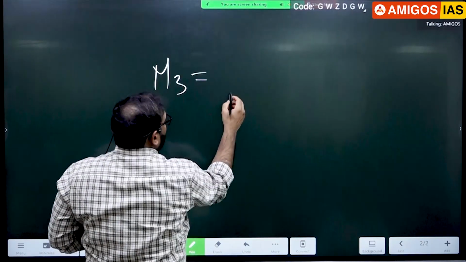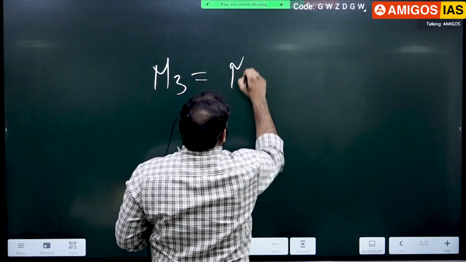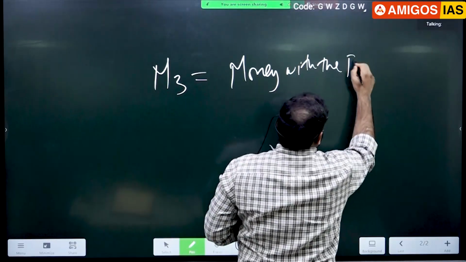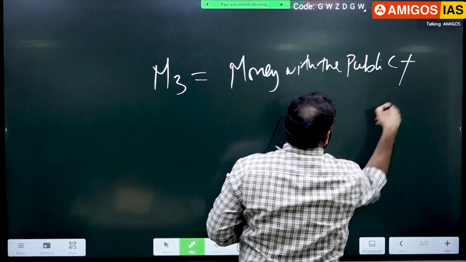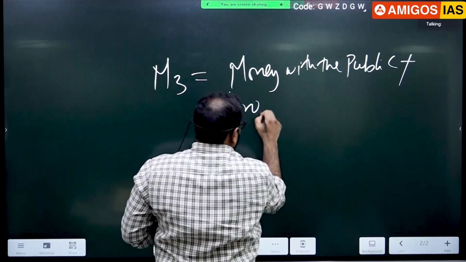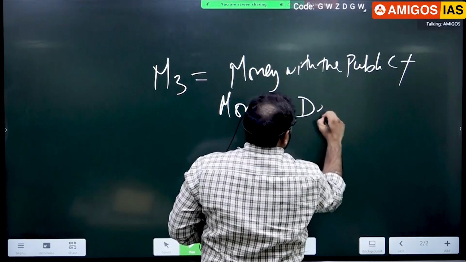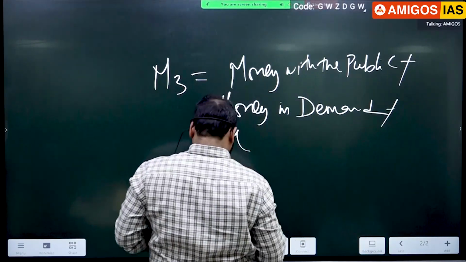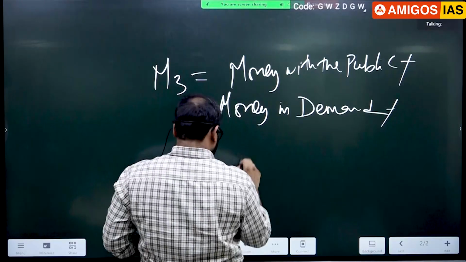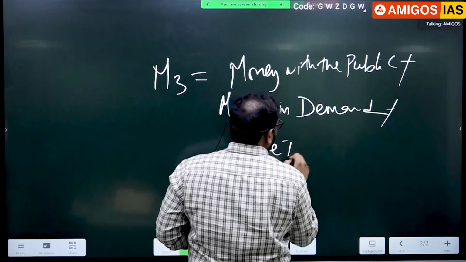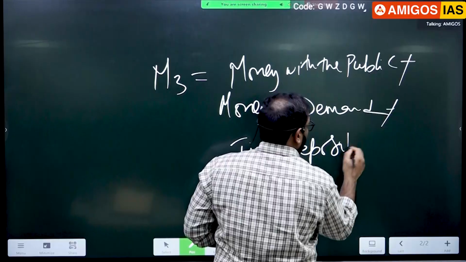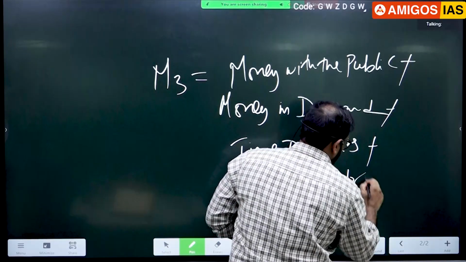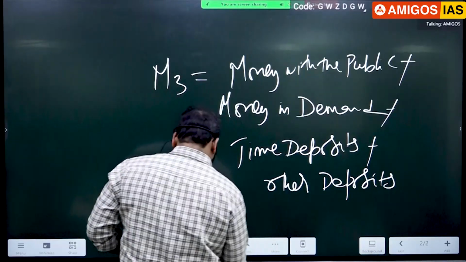Look at the board. M3 is equal to money with the public, that means in my pocket, plus money in demand account, plus my time deposits. What is time deposit? FDs, plus other deposits with RBI, right?